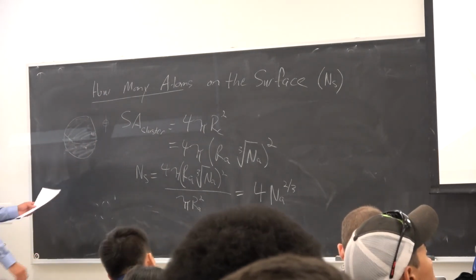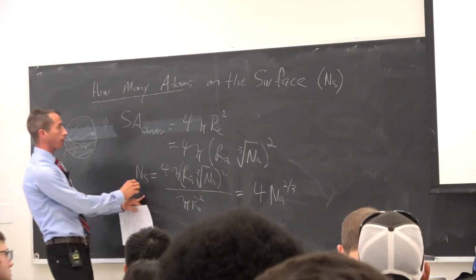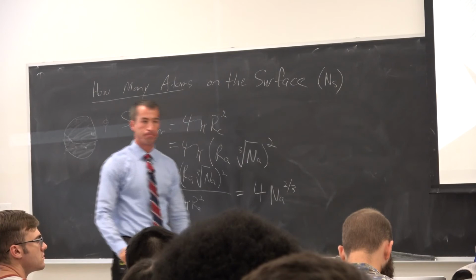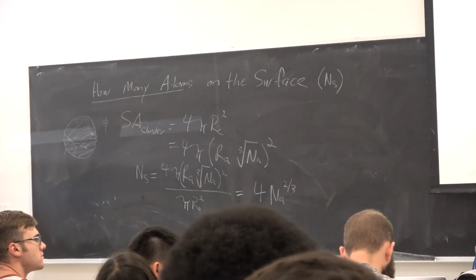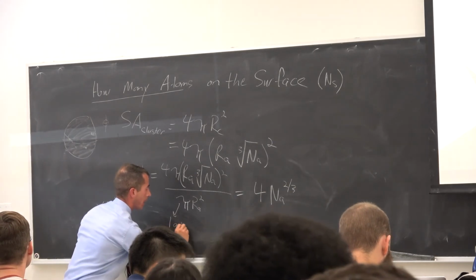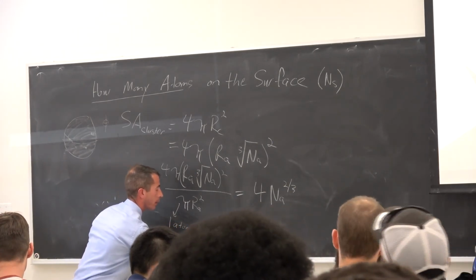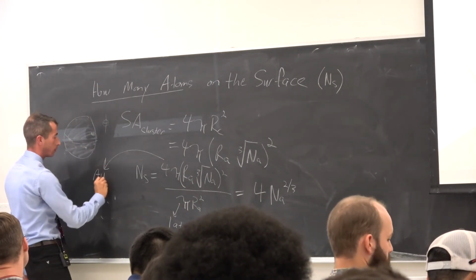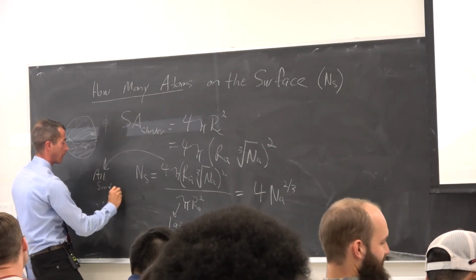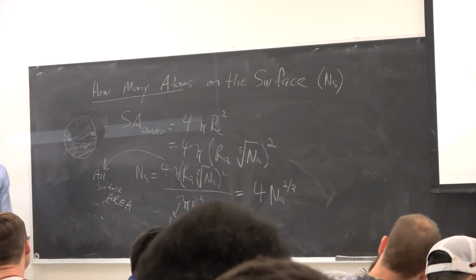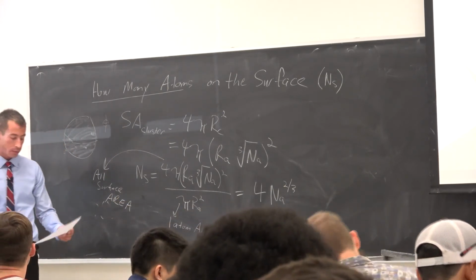NS is the number on the surface. So this is one atom area, over all surface area. We good?